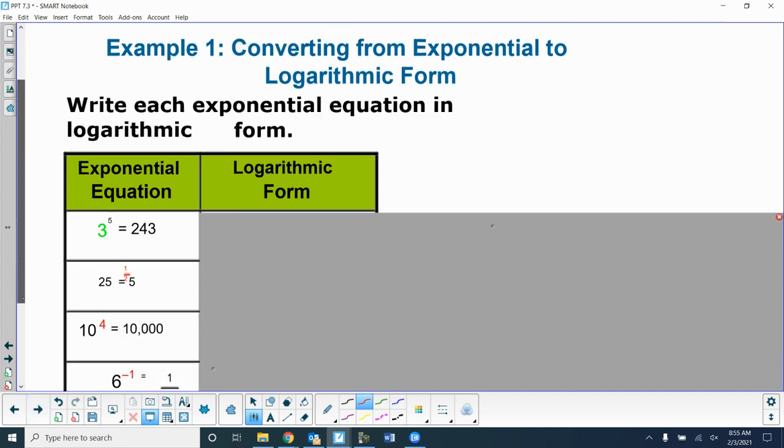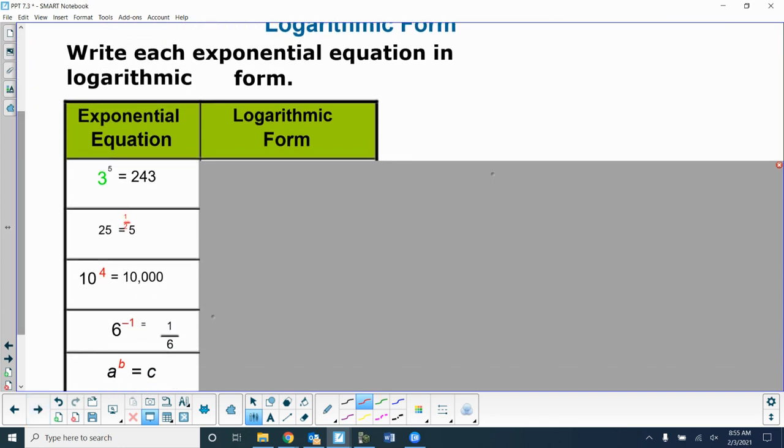Olivia Wyndham. This says 3 to the 5th equals 243. So put it in logarithmic form. It's going to be log base 3 of 243 equals 5.